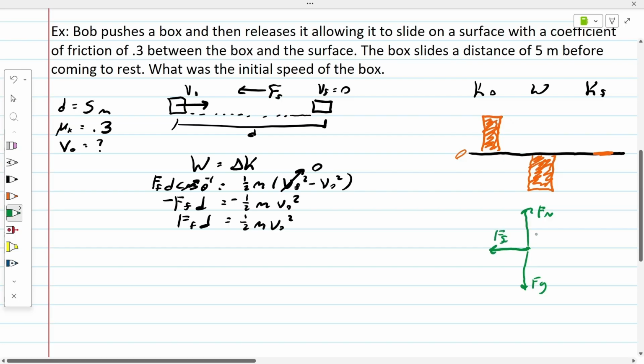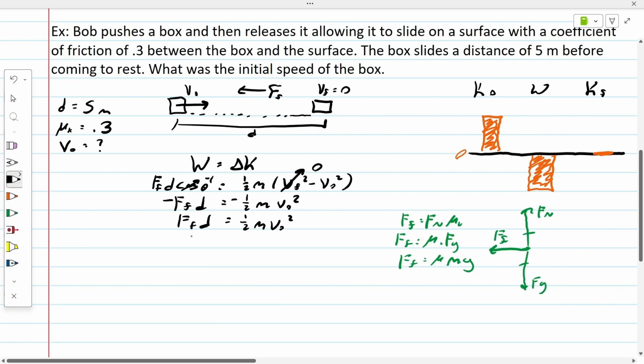And we know that the force of friction is equal to the normal force times the coefficient of friction. Because this normal force equals the force of gravity, since it's not accelerating in that direction, we have the coefficient of friction times force due to gravity, and the force due to gravity is just equal to mass times gravity.